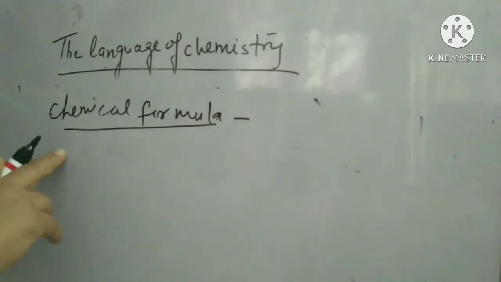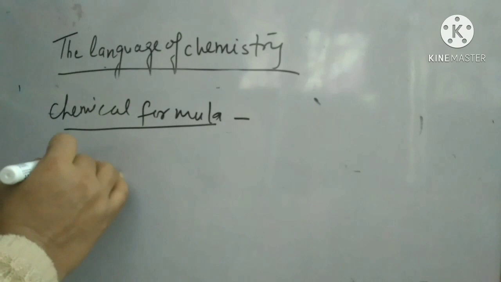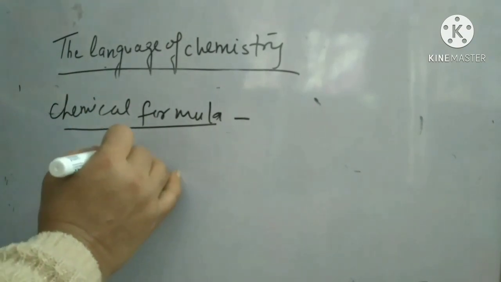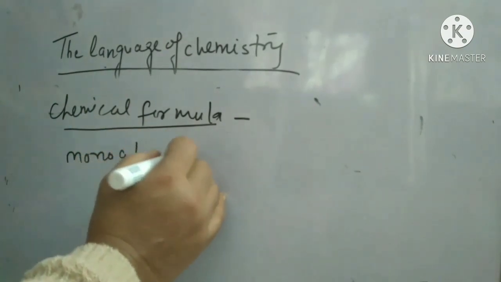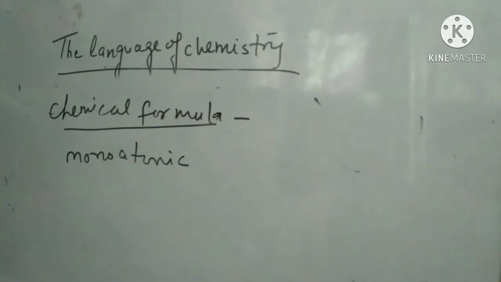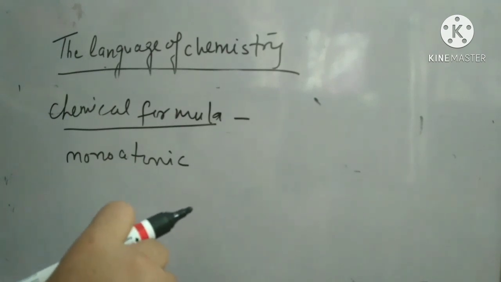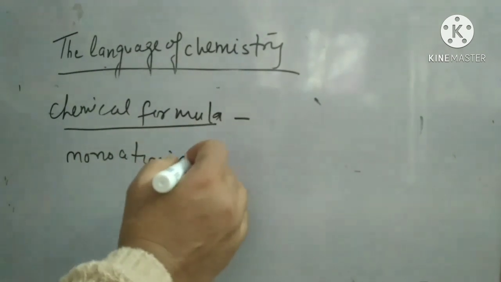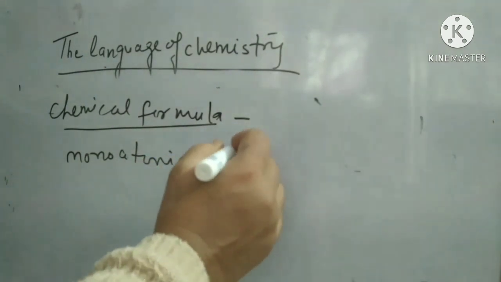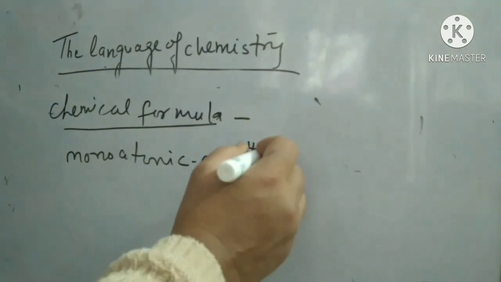Now, an element is said to be monoatomic when it exists as a single atom and represented by a single symbol of that element. For example, sodium, potassium.